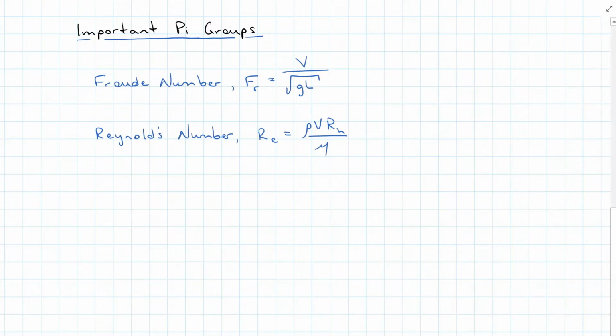Now you may notice the Reynolds number looks a little bit different than what we were doing with the pipes. It's still hydraulic radius. Hydraulic radius for a pipe is the diameter, but for an open channel, the hydraulic radius is the area of the cross-section divided by the wetted perimeter.